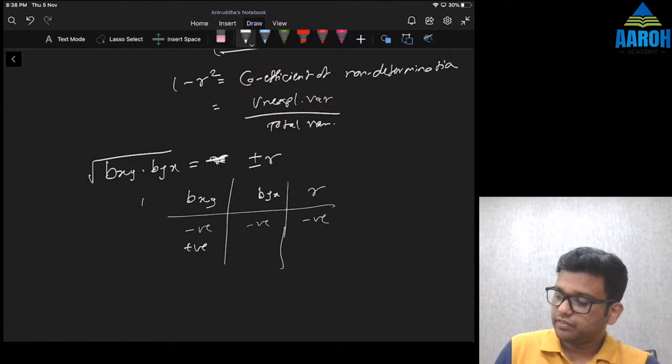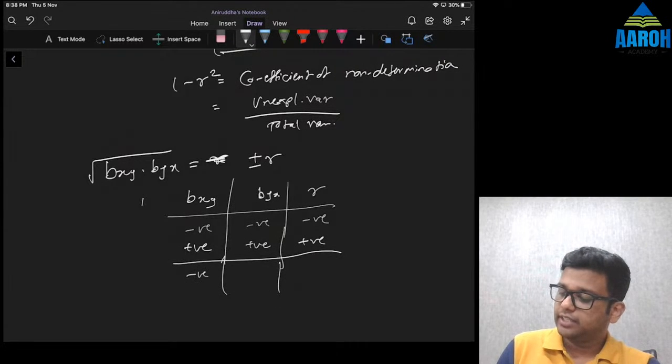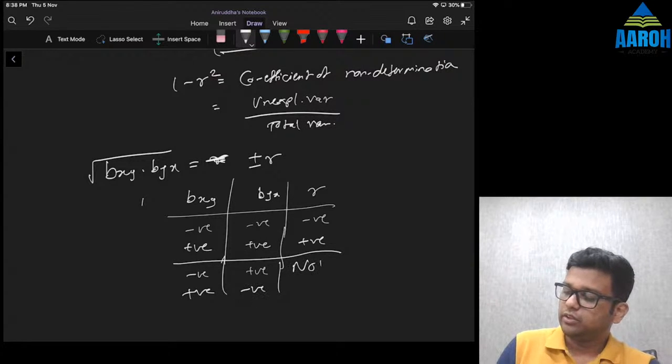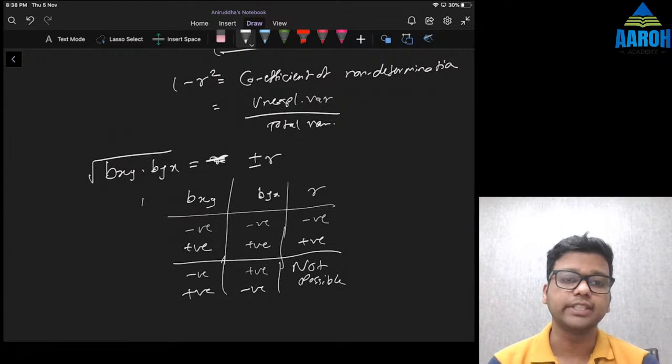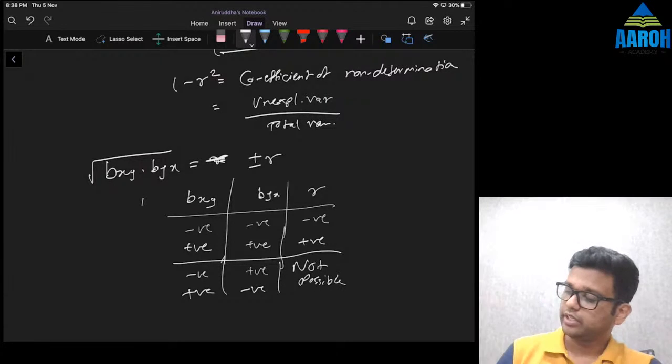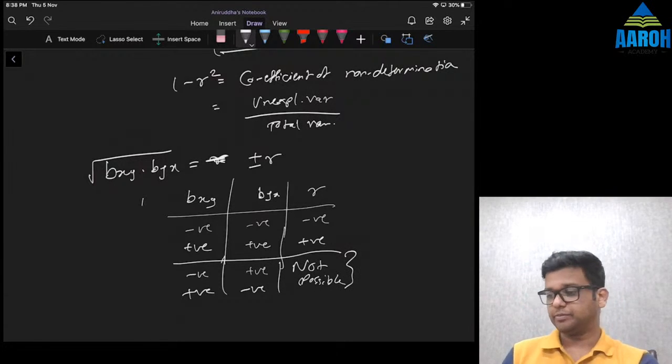If both are positive, r will be positive. It is not possible that one is negative and the other is positive. If you are getting an answer like this, that means your answer is wrong. That will be a cross check to see if your answer is wrong.